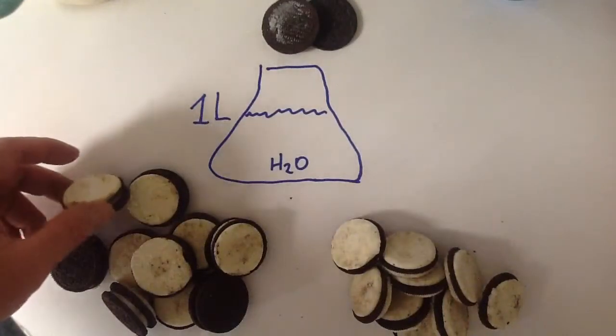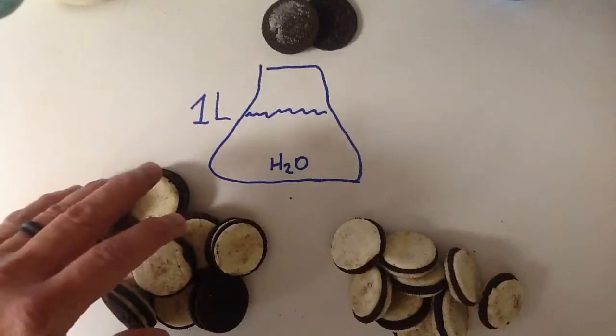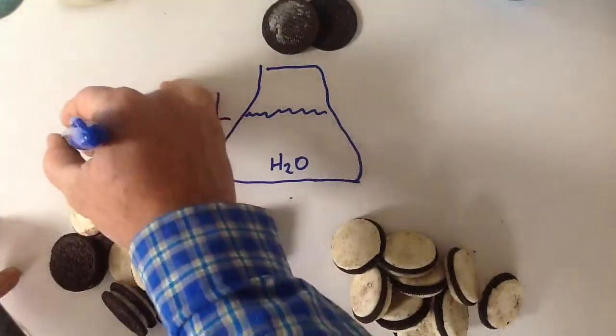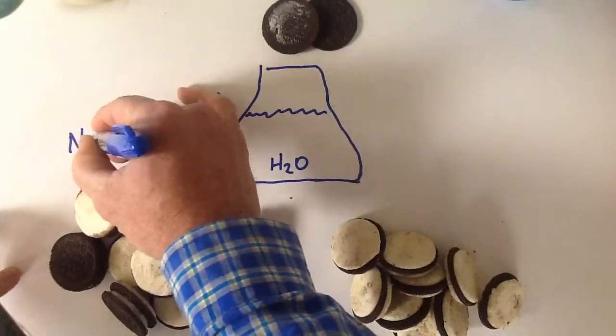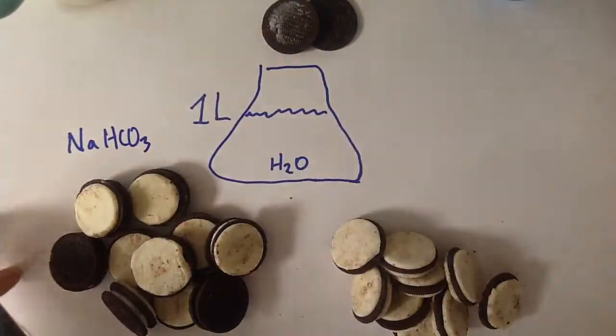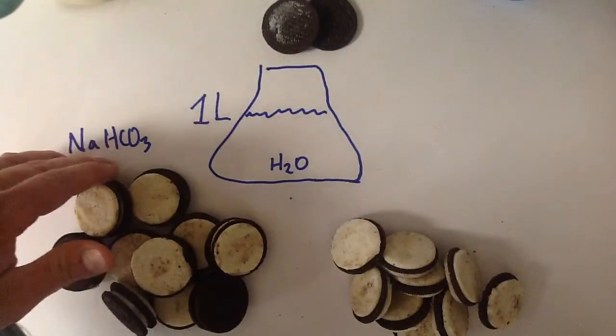I'm going to write that in right above. This pile represents, again, 1 mole of bicarbonate. You have to buy it, of course, as a salt, NaHCO3. So that's our 1 mole of sodium bicarbonate.